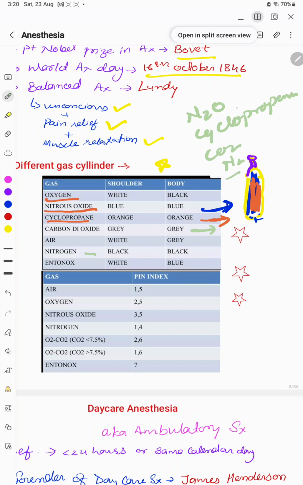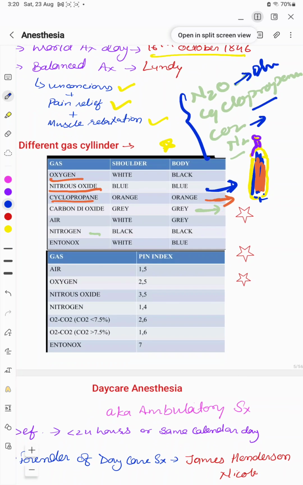These have the whole same color. For nitrous oxide, all is blue. For cyclopropane, all is orange. For carbon dioxide, all is gray. For nitrogen, all is black. Okay, you don't need to remember like this. They have shoulder and body in the same color.